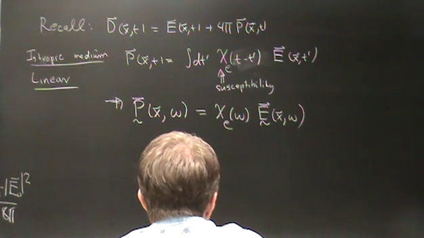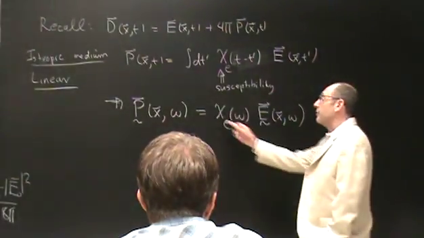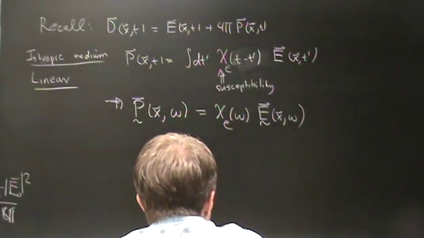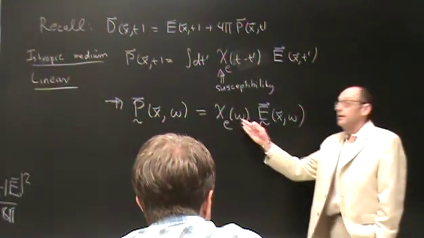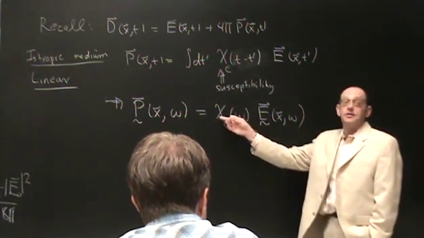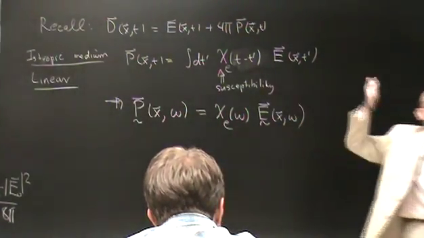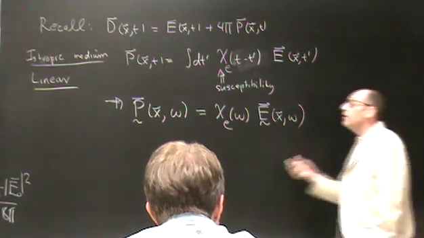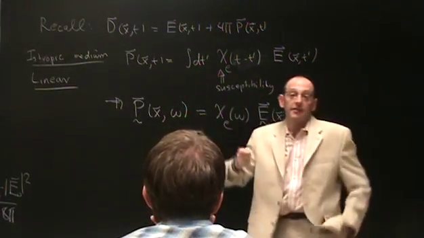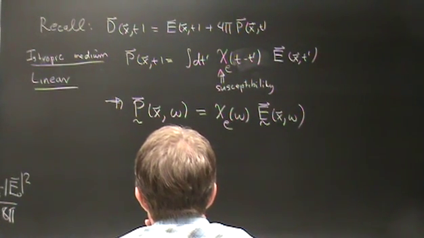So for a given frequency, there's a certain amount of polarization that's induced, and that proportionality constant typically will depend on frequency. The strength of how much polarization I induce depends on the frequency with which we're driving those dipoles. And that's particularly true if I'm close to some resonance of the binding of the charges. Okay? Yeah?